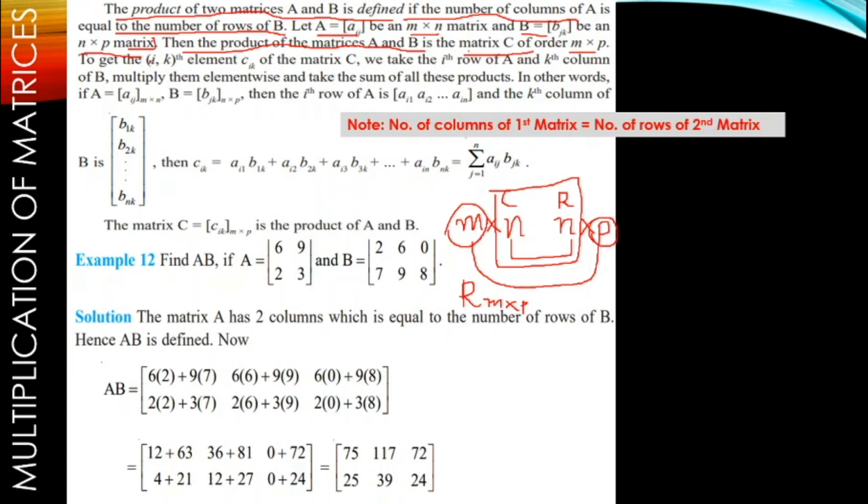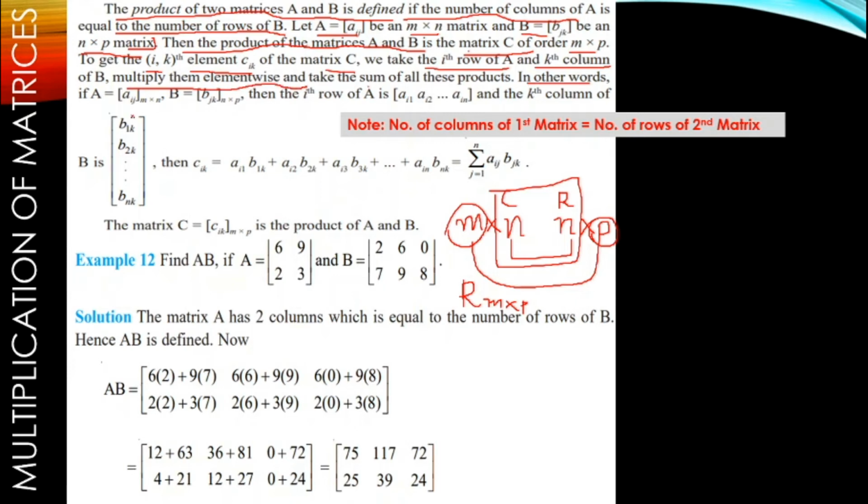Now what is the order? M by p. To get the (i, k)th element Cik of matrix C, we take the ith row of A and the kth column of B, multiply them element-wise and take the sum of all these products.